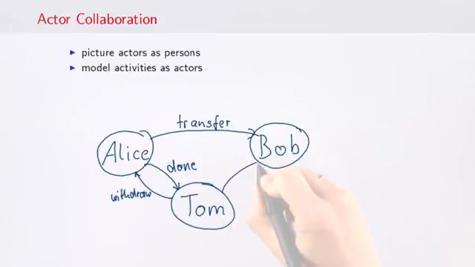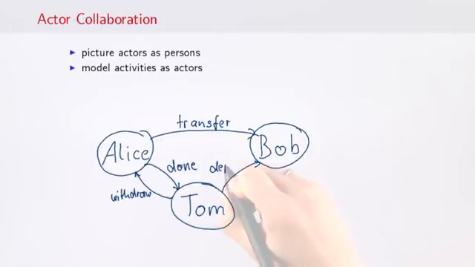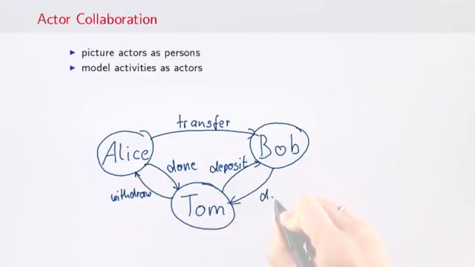Then Tom will send to Bob a deposit, and eventually Bob will reply, yes, all is done. And at that point, the transfer has completed, the transaction has been done, and Tom can shut itself down, possibly informing whoever wanted to know about it.